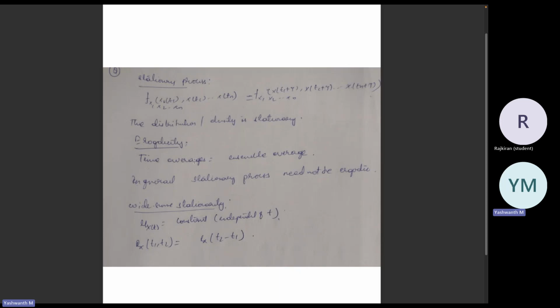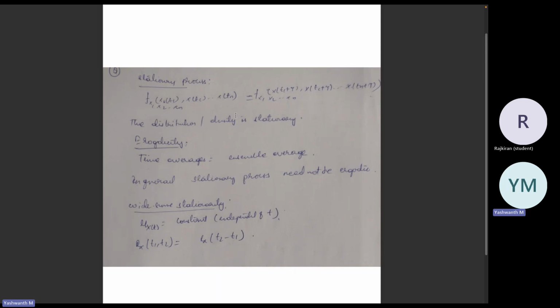And ergodicity means this: your time averages should be equal to an ensemble average. So for a process, say x of t, you can take the average of the process from minus T to T, 1 over 2T, you integrate x of t, and you let T go to infinity.